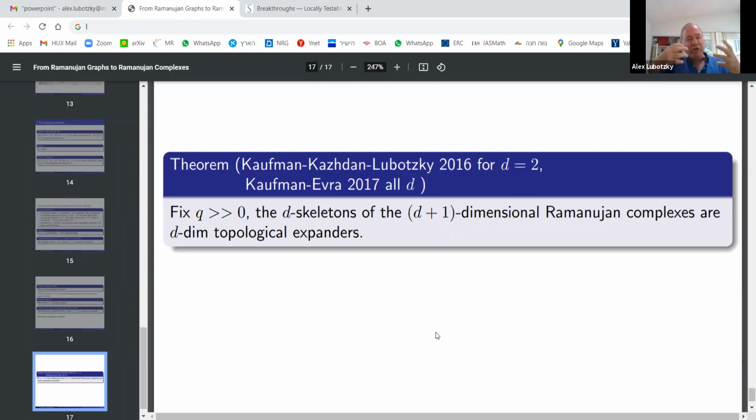The Ramanujan graphs, or expanders in general, are approximations to random graphs. You think of them as random. On the other hand, they are very well organized. They are Cayley graphs. In these Ramanujan complexes, we have structure of them with a Cayley graph and a lot of symmetries from all places. So it's random and organized and well ordered at the same time.